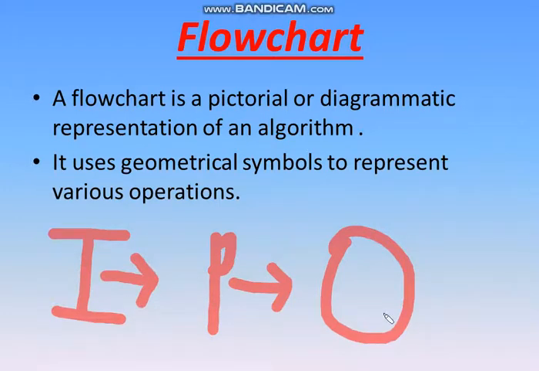So whether you are writing algorithm or you are drawing the flow chart, there should be input, there should be processing, and there should be output. So in this video you will only know what are the symbols and when, how and where we can use these symbols.